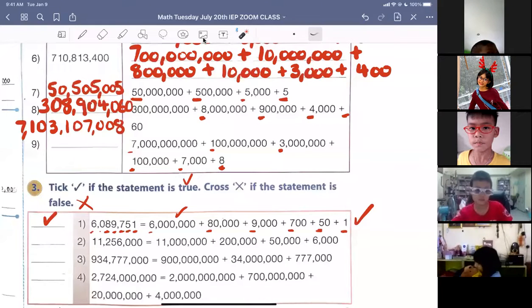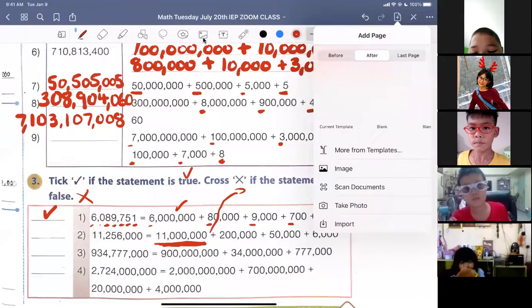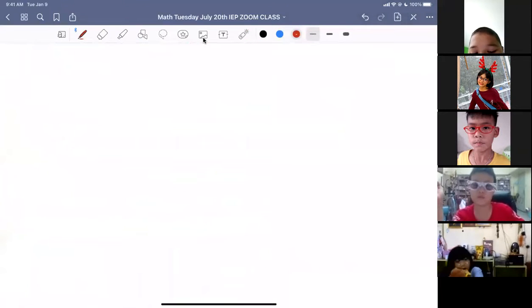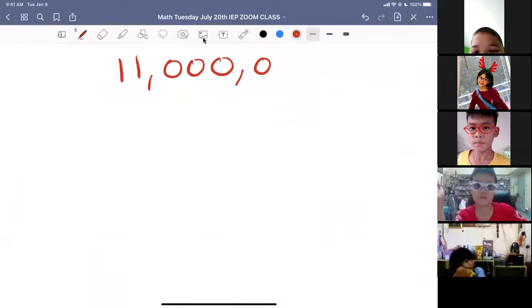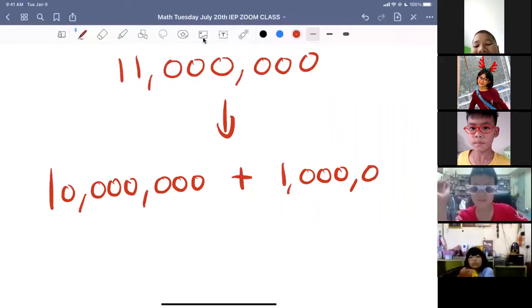So it is correct, but this is not the correct way. This 11 million, remember, we have to write differently. It's 11 million, right? Let me add an extra page. 11 million has to turn into 10 million plus 1 million.